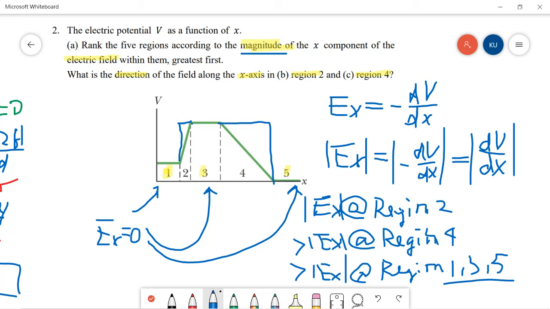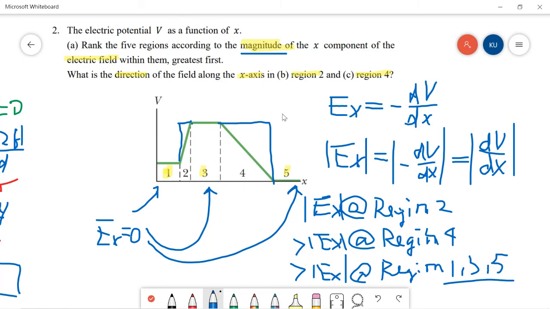So the answer for part A is: Ex at region 2 is larger than Ex at region 4, and regions 1, 3, 5 are the same, which is equal to 0.